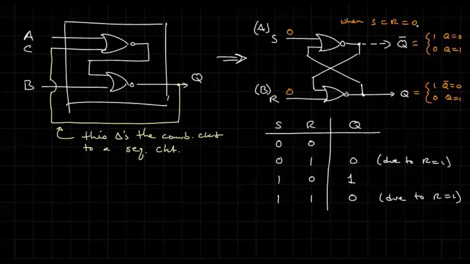So you notice that when S and R are both false, the output Q does not even depend on S and R. That's the key thing. So we can write here: Q does not depend on S or R. Okay?